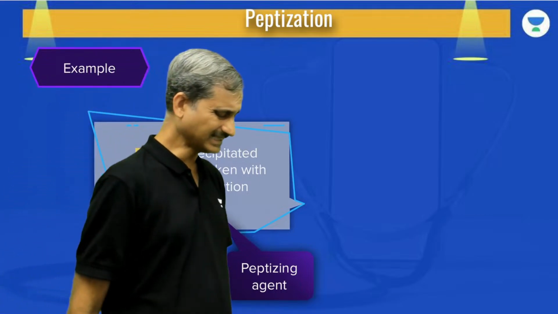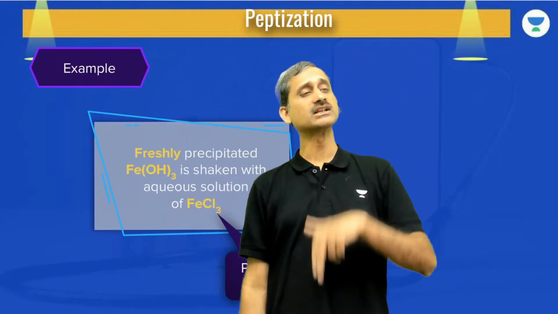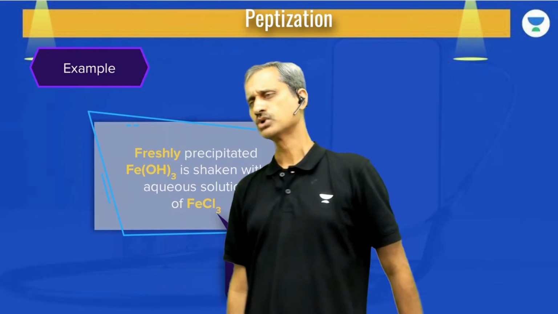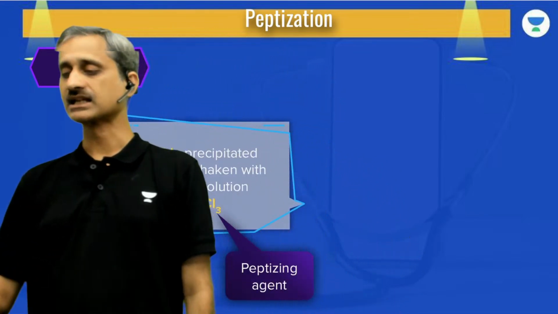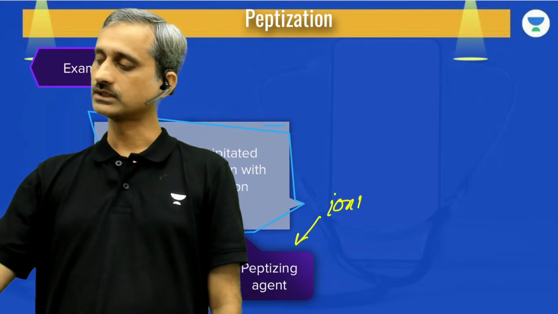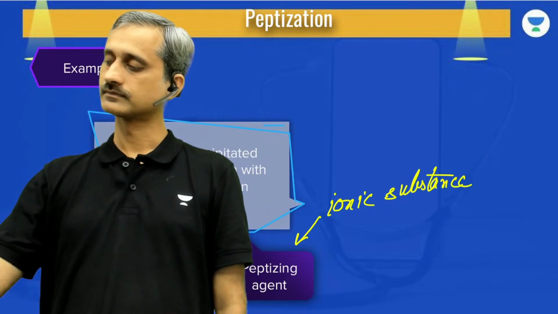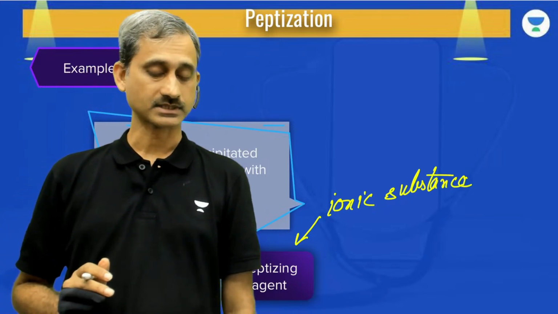Fine. Many a times the substance that we have added to create the colloid itself works as a peptizing agent. Most often this peptizing agent is an ionic substance.